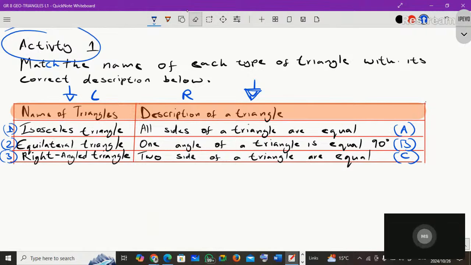You will choose a description from the column on the right and match it with the correct name of a triangle on the column on the left.